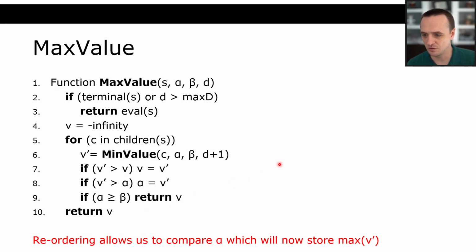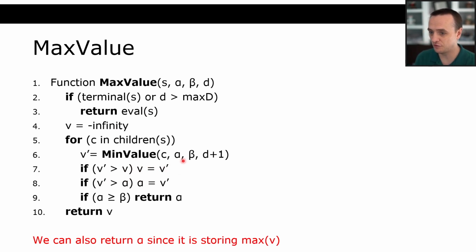And now what I can do is, where I was returning V, which is this value, well, that value is now stored in alpha, right? So here I'm storing V prime in V, but now I can just return alpha, which is also storing V prime.